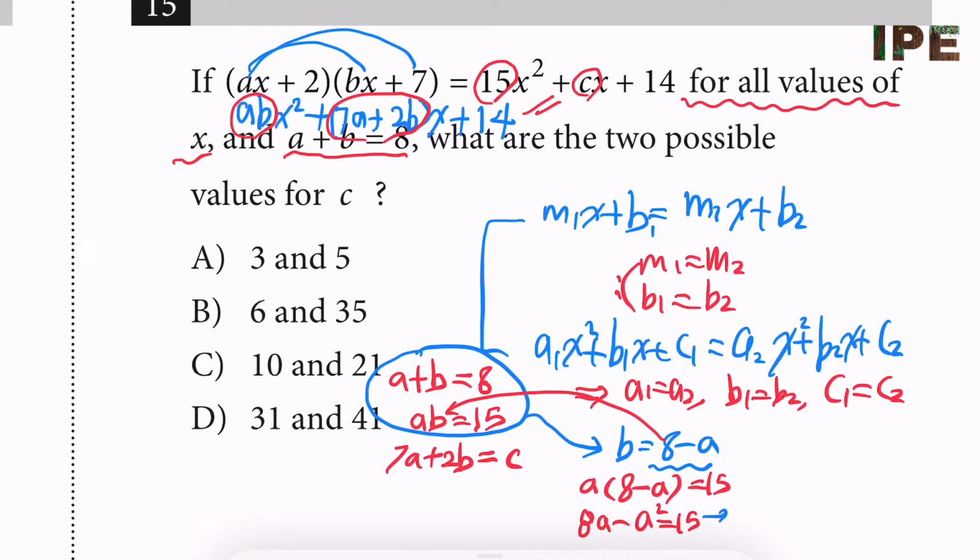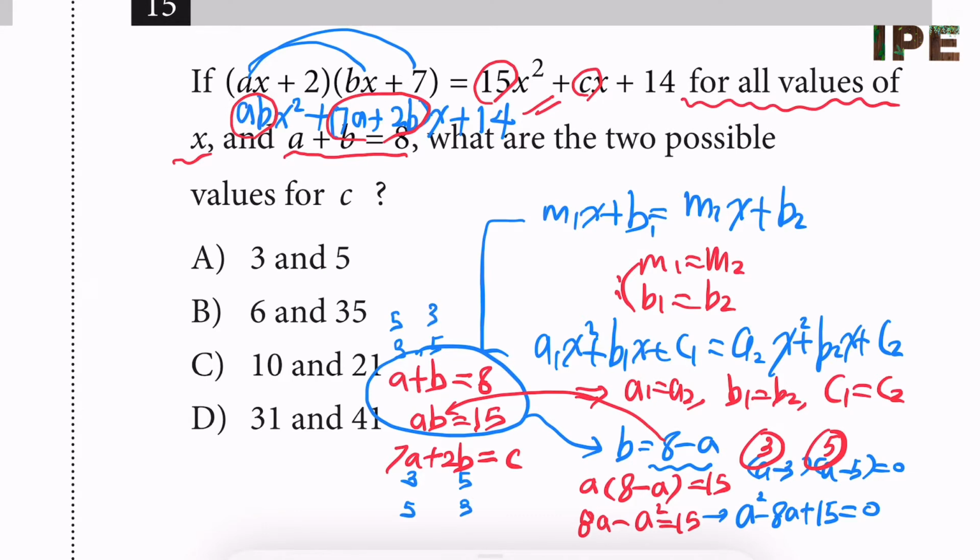So this equation is going to be a squared minus 8a plus 15 equal to 0. Factoring, right? (a minus 3)(a minus 5). So what is a? 3 or 5. If a is 3, b is 5, because 3 plus 5 is 8. If a is 5, b is 3.